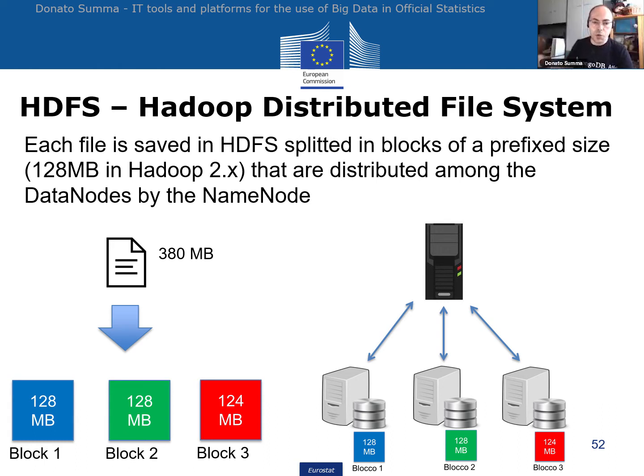The first 2 blocks will be 128 megabytes, and the last one, the remaining part of the weight of our original file. So now that we have split the original file in blocks, we have to distribute the blocks over our data nodes, and this operation is made by the master node.